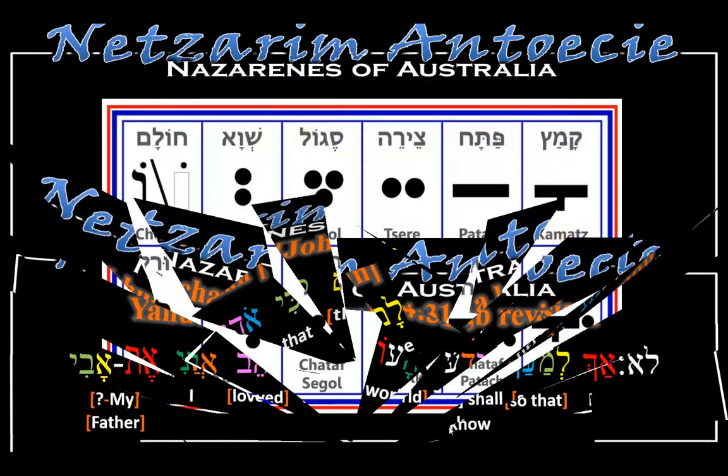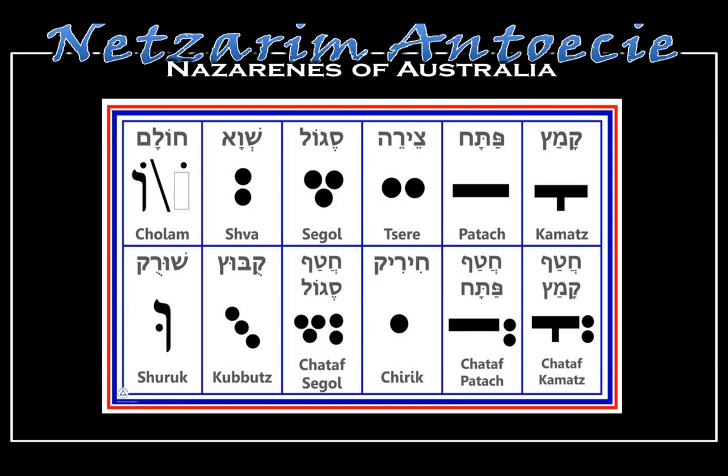And finally, of course, we have our vowel markings, which we need to try to remember. This one, when there's a dot above the letter, it's a cholam, so we know it's an O sound. This is a sheva, which doesn't generally have a sound, but it can have a sound like a short E sound after the consonant. But it's literally a syllable break in the word.